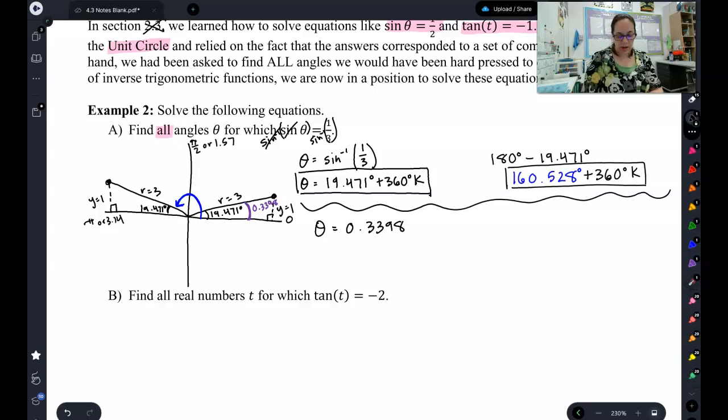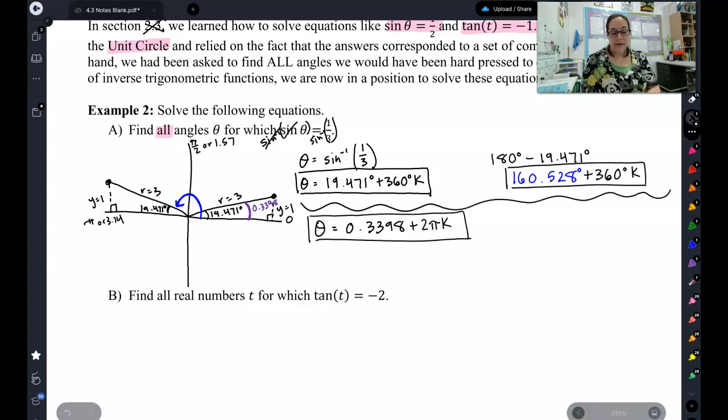So I know this is 0.3398. However, I want all angles, so I'm going to add 2 pi k. And that gives me my first one. Then, once again, I need to draw it out and use that symmetry to know that this, let's go back to purple, will also be 0.3398 radians.